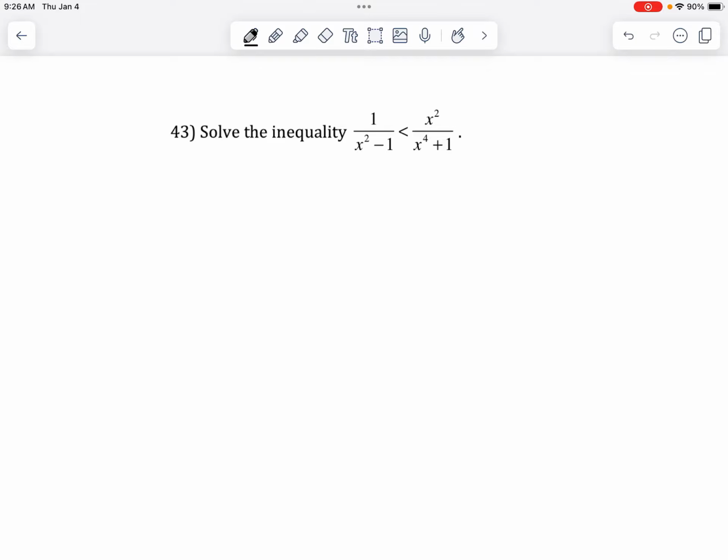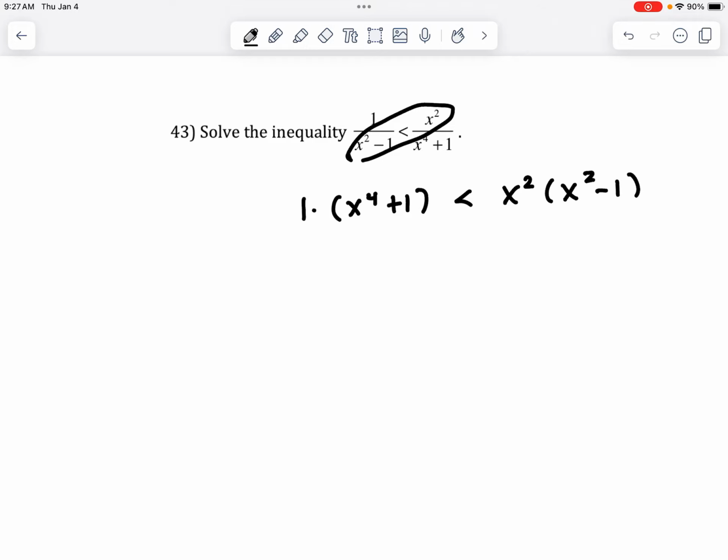Okay, so what you could do is cross multiply. When you cross multiply, we would have 1 times x to the 4th plus 1 is less than, and then cross multiply in this direction, x squared gets multiplied with x squared minus 1.